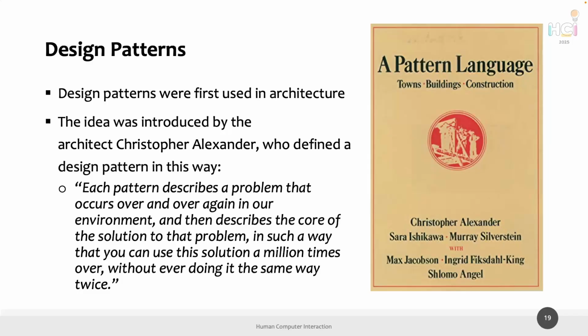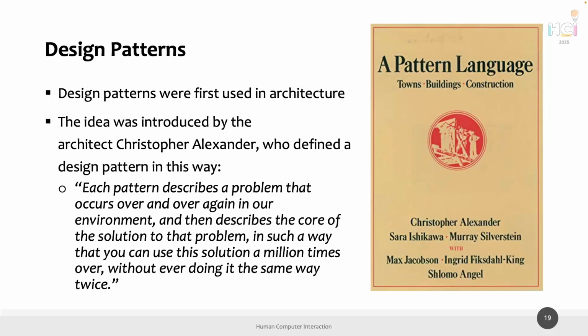Design patterns were first used in architecture, and the idea was introduced by Christopher Alexander, who defined a design pattern in this way: each pattern describes a problem that occurs over and over again in our environment, and then describes the core of the solution to that problem in such a way that you can use this solution a million times over without ever doing it the same way twice.